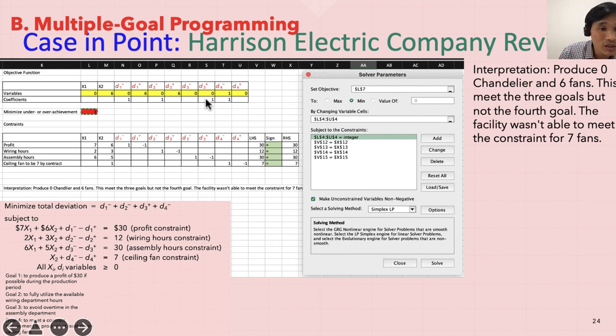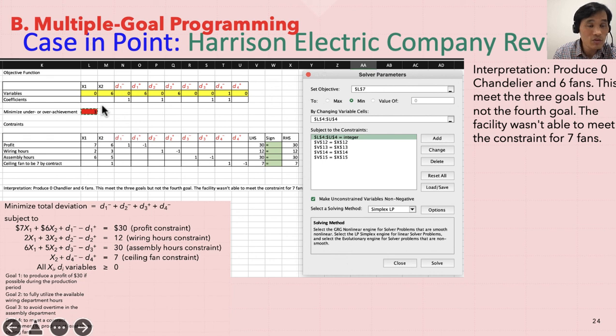So at least it was not 1 or 2, so it was minimized. So that was really good. And D4 minus was 1. So there was one short. So 6 of them were produced, and it was not able to produce 7 of them.